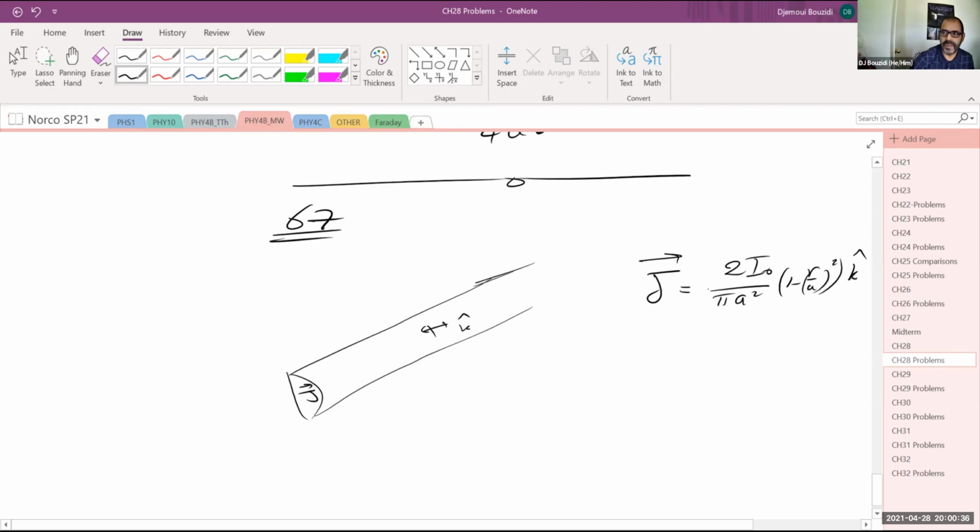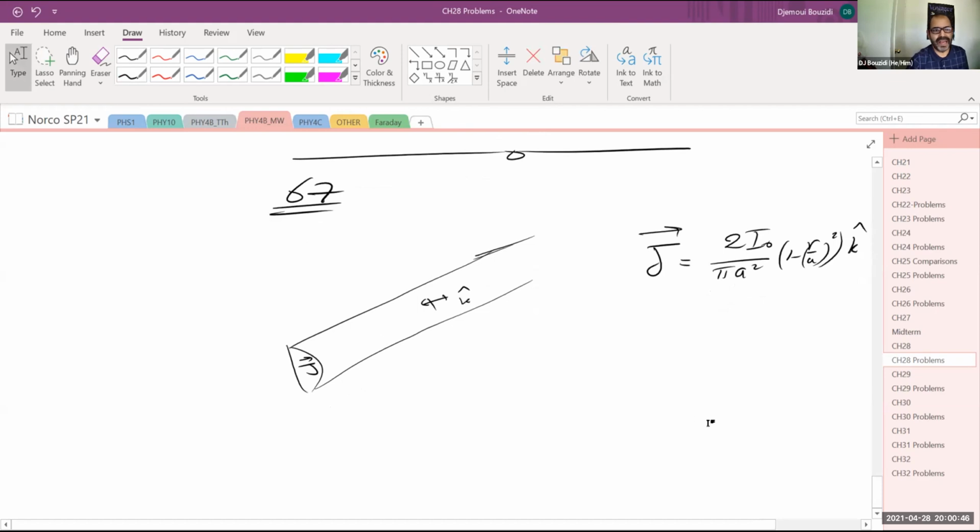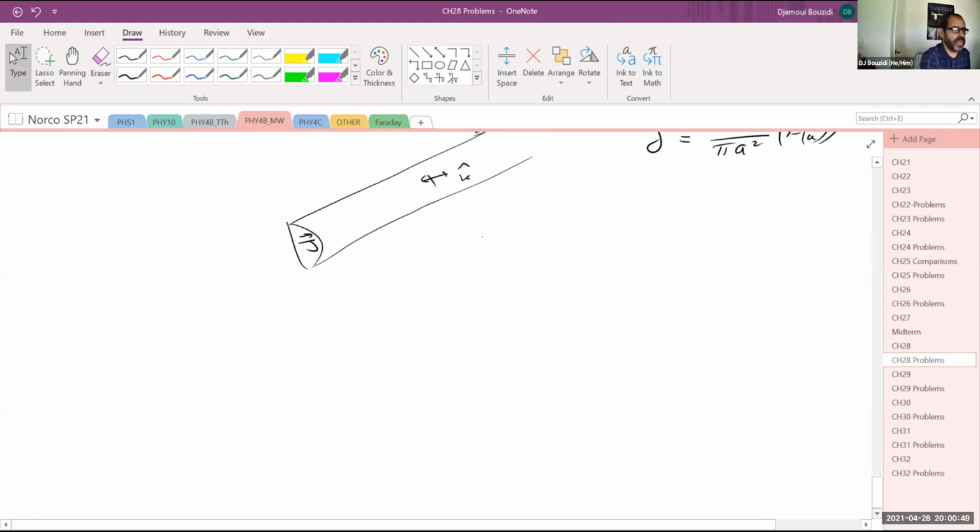So it has this expression that depends on r, where r is this distance basically. So let me redraw the shape in here. I'm going to make a mathematical cut in this wire. This is how the wire looks when I make the cut through it. Okay. So the current changes with r. So r goes from 0 to a, where a is the radius of this cylinder.